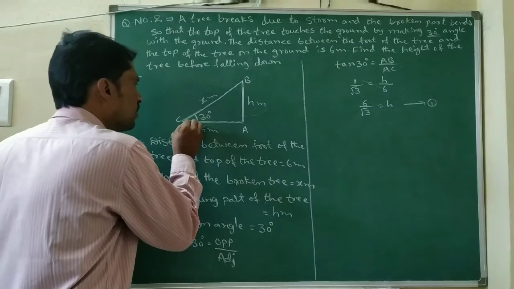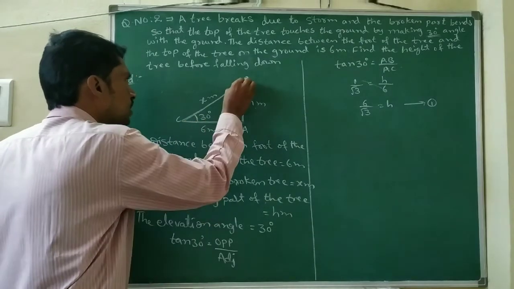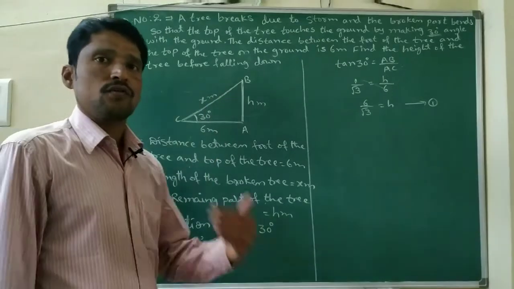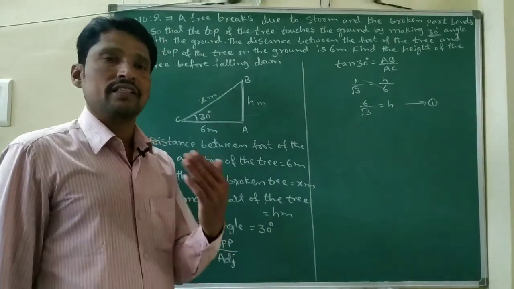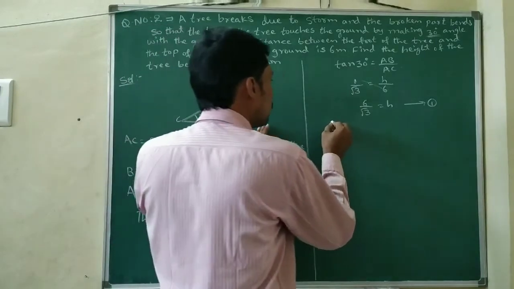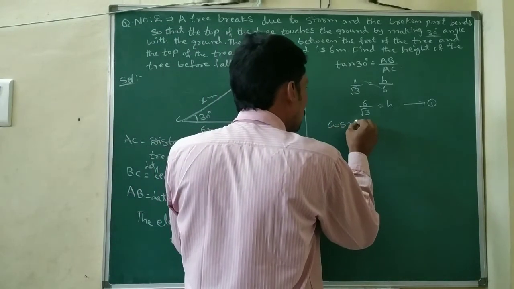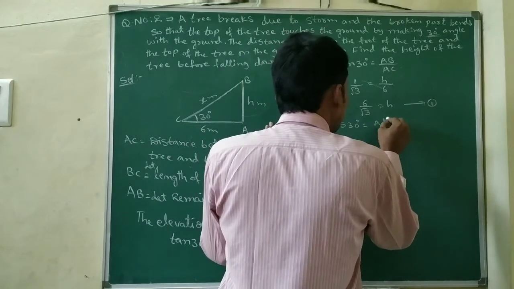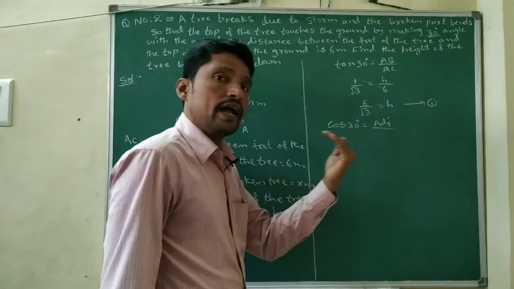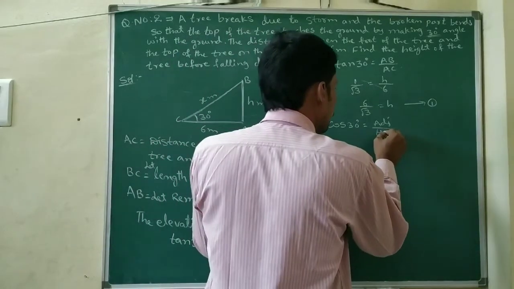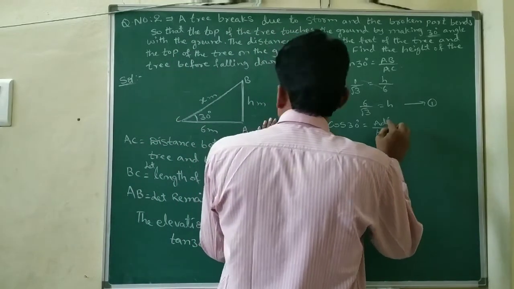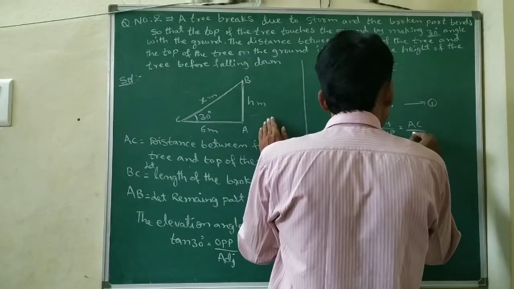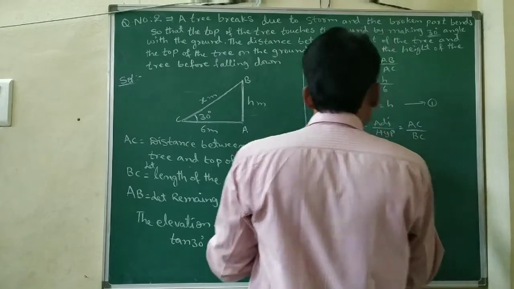Same as it is, this is the adjacent, this is the hypotenuse. Adjacent and hypotenuse, what is the trigonometric ratio? That is cos. So cos 30 degrees equals the adjacent side to angle 30 by the hypotenuse, that is AC by BC.